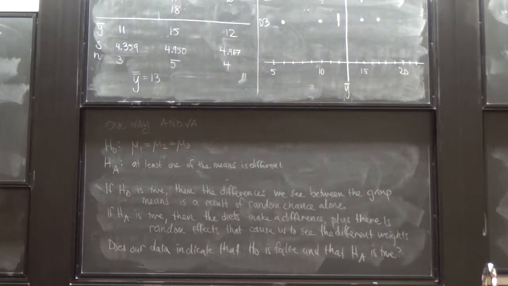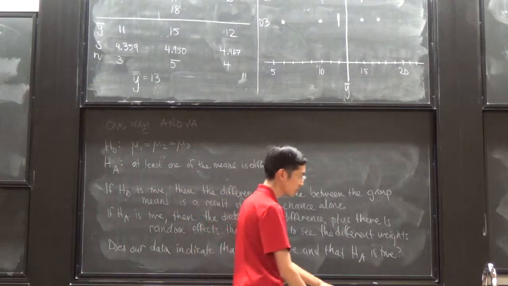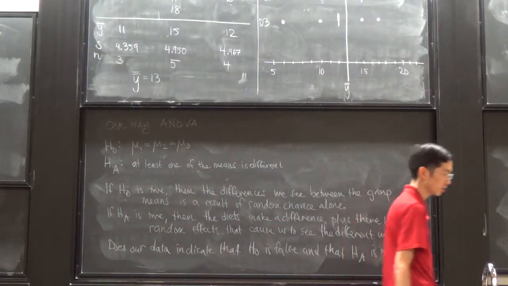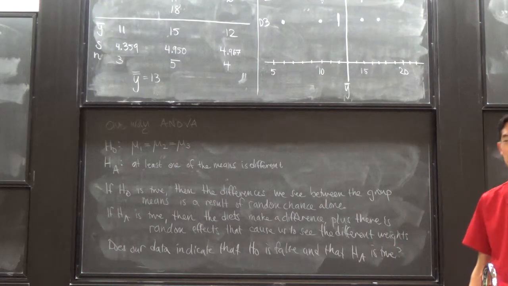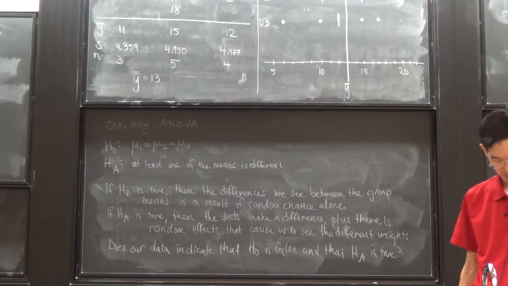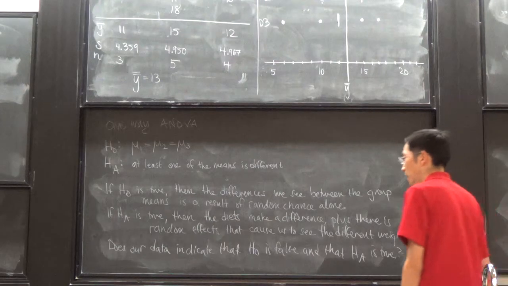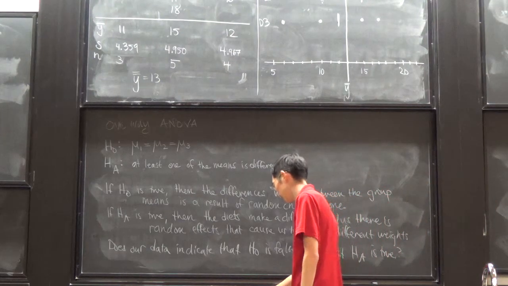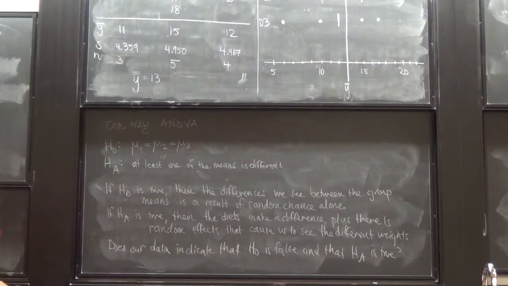So either it does or it doesn't. We either have enough evidence to say the null is false, or we don't have enough evidence. And if we say the null is false, then that means the alternative must be true.